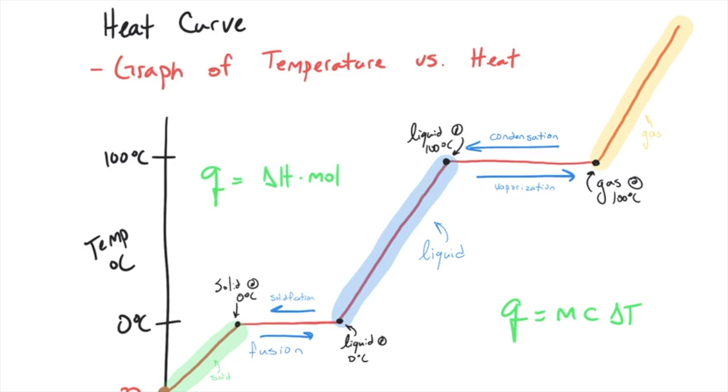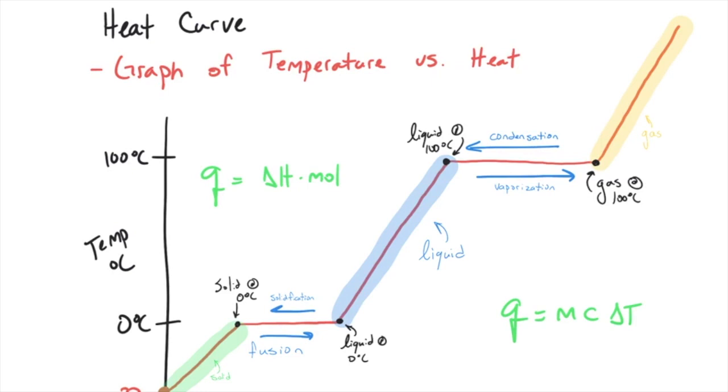Now the key difference here is that one of these can be used to measure a change in temperature and one of them cannot. The phase change has no change in temperature, but the mc delta T indeed has a change in temperature. And the heat curve can be used to solve word problems that ask you to quantify the heat lost or gained in a multi-step problem.